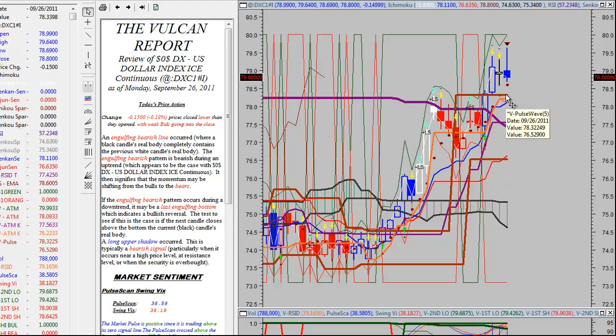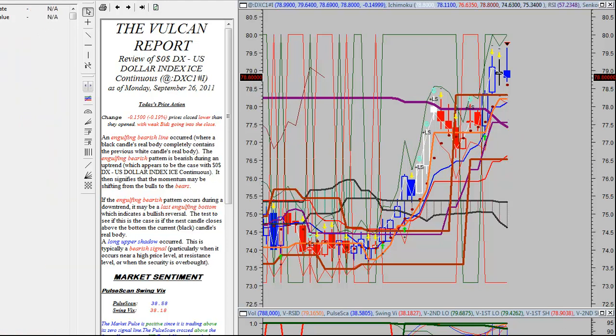That's because of the problems going on in the Eurozone. So the Euro is going to pretty much tell the story. I think the Euro is a much better indicator of overall global market direction than the US dollar index. So we'll have to keep an eye on that and see where we go from here.